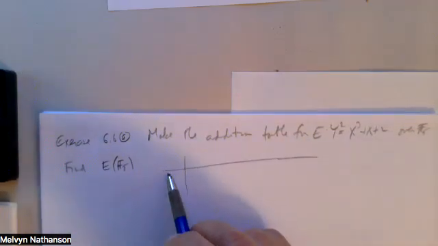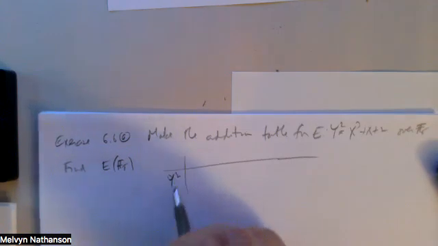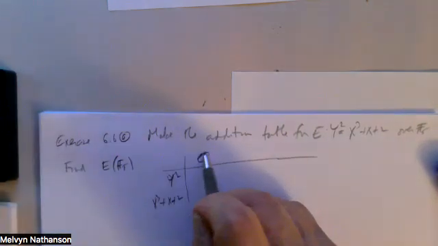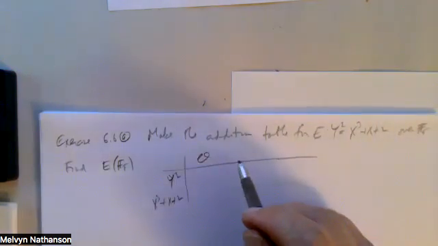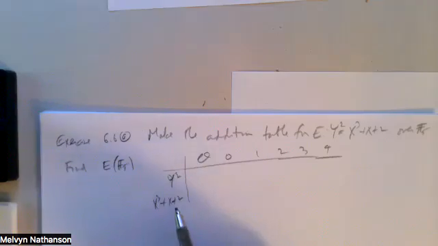So you have different values for x, and for each value of x, I want to write down what is y squared and what is x cubed plus x plus 2. So I shouldn't forget the point at infinity, and the other points are 0, 1, 2, 3, and 4.